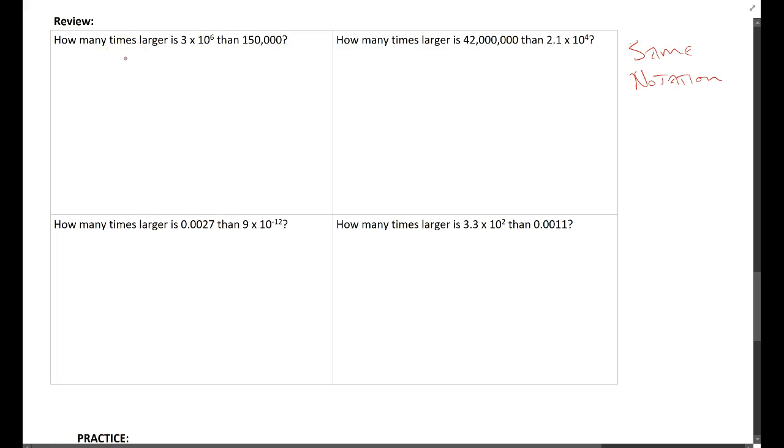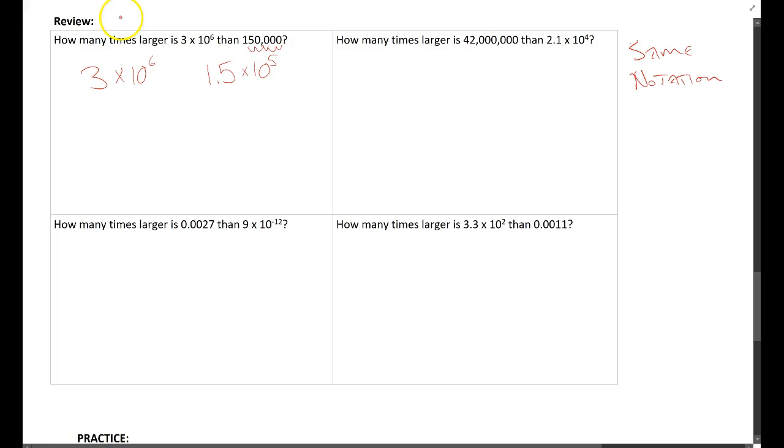Personally, I prefer scientific notation, so I'm going to convert 150,000 into scientific notation by saying 1, 2, 3, 4, 5. So I end up with 3 times 10 to the 6th, and I have 1.5 times 10 to the 5th.